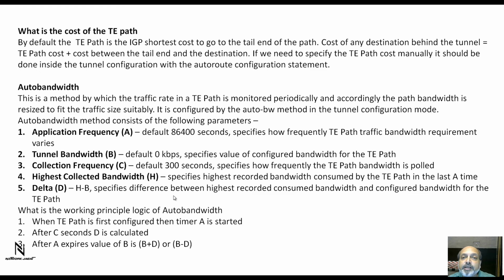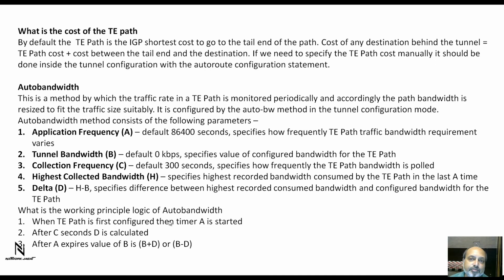But if it is exceeding the tunnel bandwidth value, then this delta will become a positive value. Because if the tunnel bandwidth has been specified as 100 and the highest collected bandwidth has been observed to be say 150, then definitely H minus B will give you a positive value.